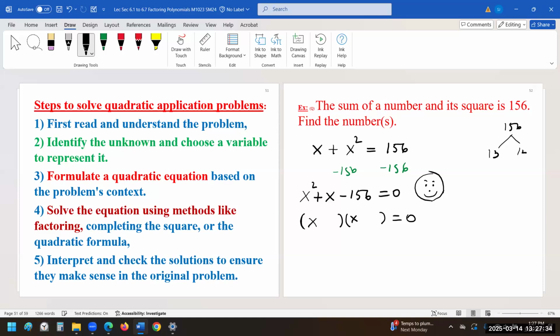If you don't know, you have to keep trying. 1 times 156, 2 times how much, 3 times how much, 4 times how much? You keep multiplying and dividing by 1 and whatever you can until you get what you're looking for, the sum to be 1. So we know one of them is 13 and one of them is 12.